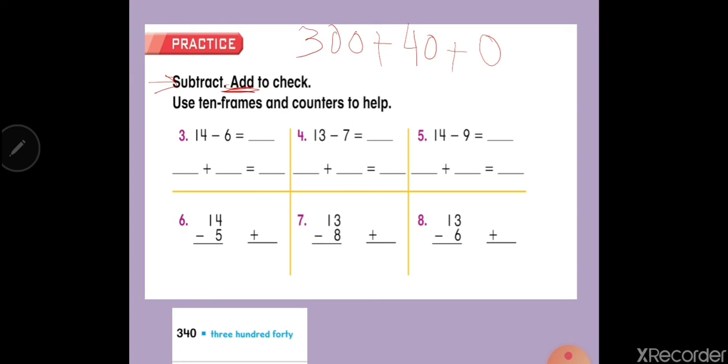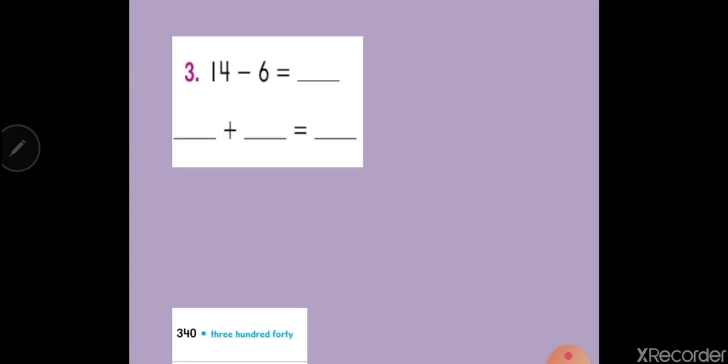Okay, let's start with number 3. 14 minus 6. What will you do to find out how to subtract? Excellent. You will close your fist and count after 6. Ready?